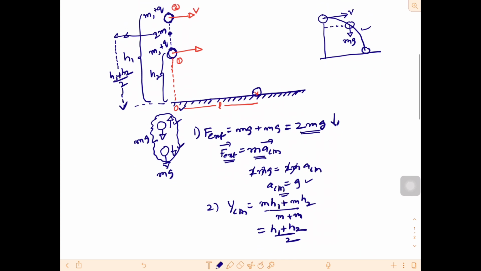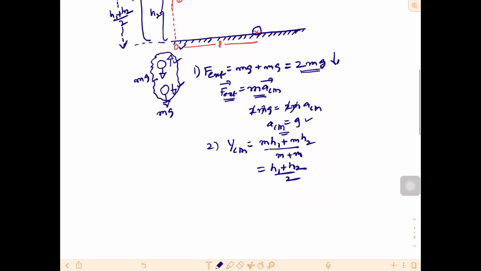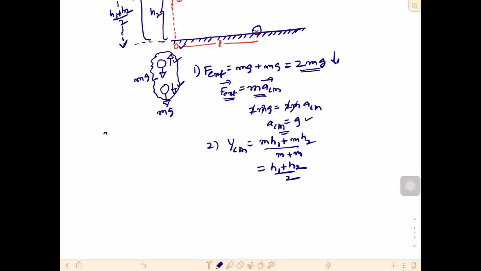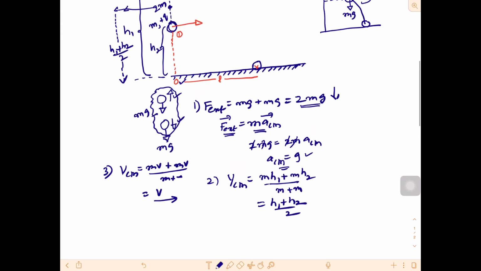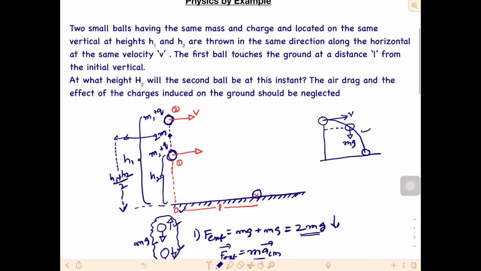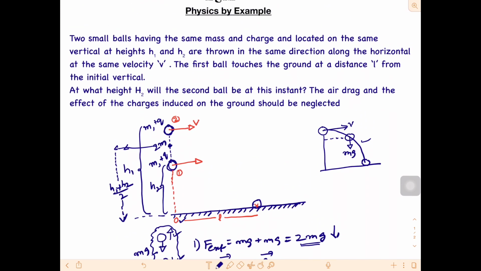Now, the third one, the velocity of center of mass. This side I'll write v_CM equals mv in the horizontal direction plus mv in the horizontal direction by m plus m. That is v again along the horizontal. Look, this mass 2m is going with v and has an acceleration g.